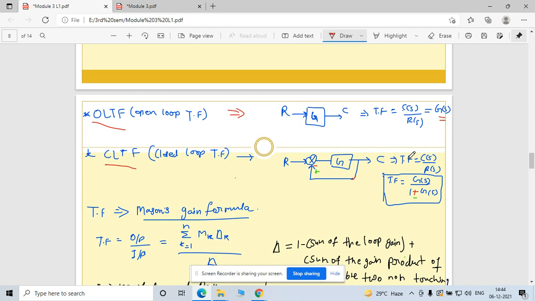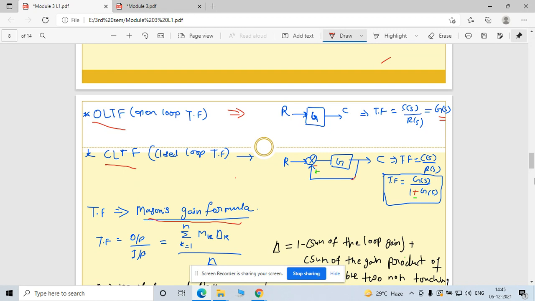Now see the transfer function, what will it be here? c of s divided by r of s. So how to find out c of s divided by r of s? Now simple, we find this by using Mason's gain formula. I'm not explaining this formula, right? Because this is very lengthy, and later you will study Mason's gain formula in your control system course.